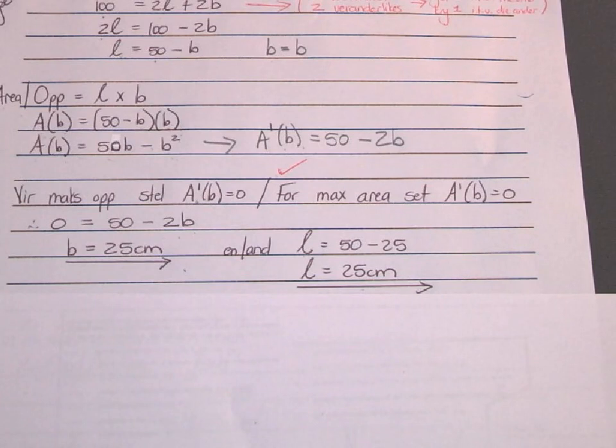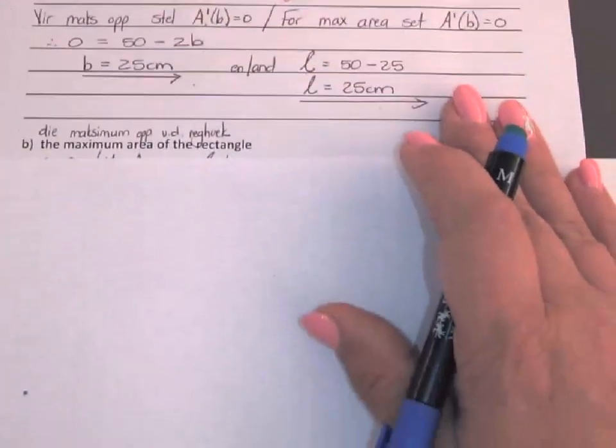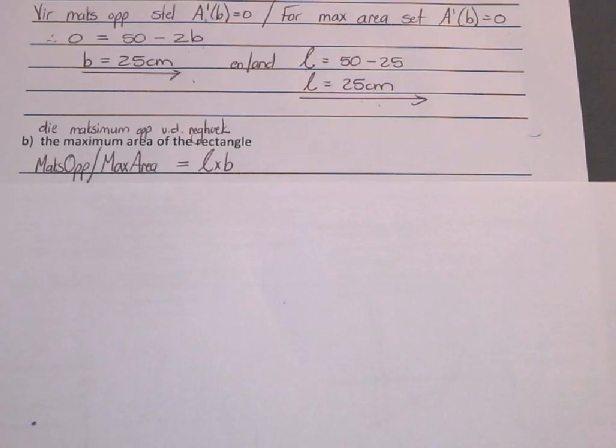It's not a triangle. Okay, now they want the maximum area of the rectangle. What is the area's formula? So the max area will also be length times breadth.